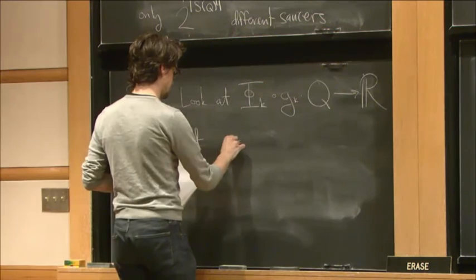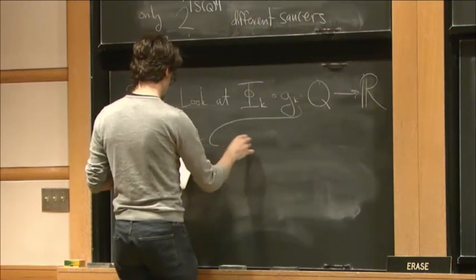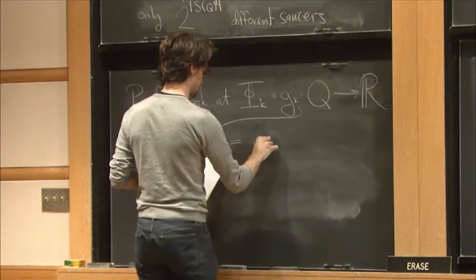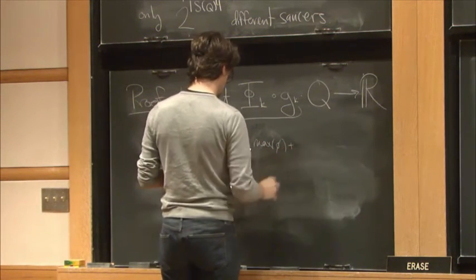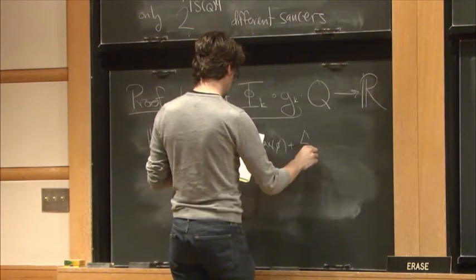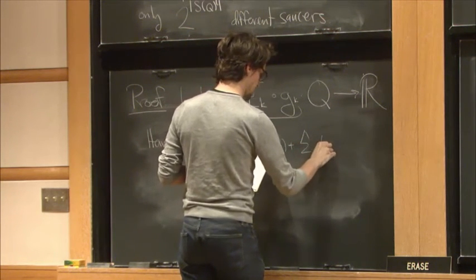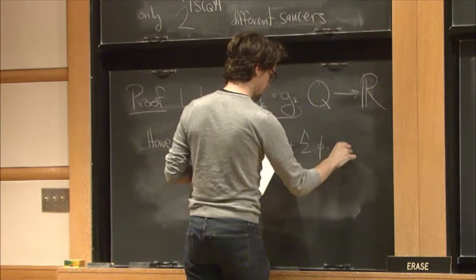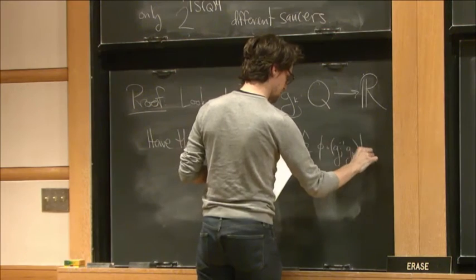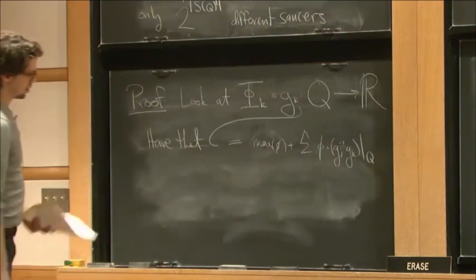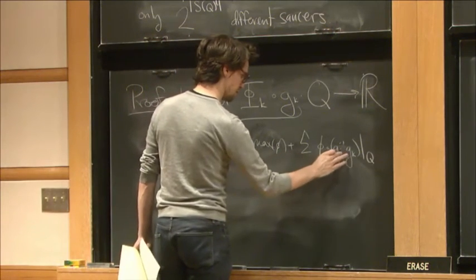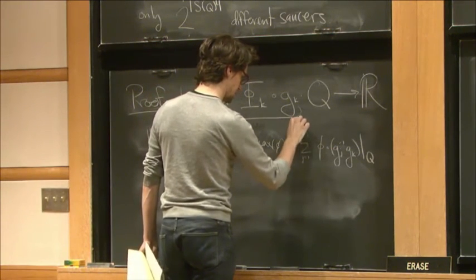This is equal to this max V plus some V composed g j inverse g k restricted to Q, j equals 1 to k.